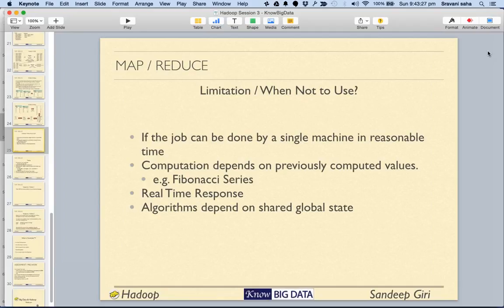Your mapper is picking up one URL from this file, or you can say a subset of these URLs from this file is given to one data node, and each map function is picking up a URL and downloading the data from there.